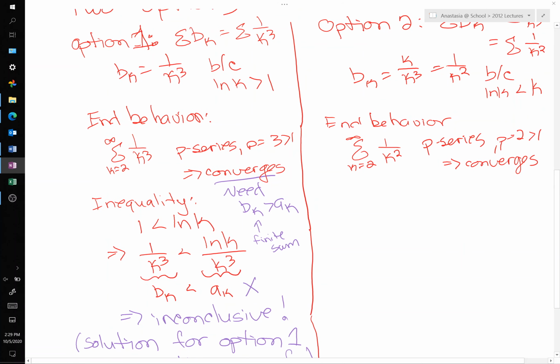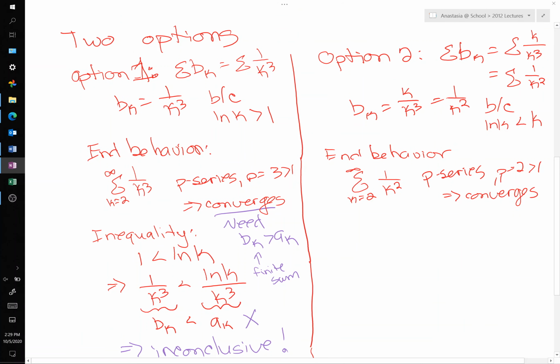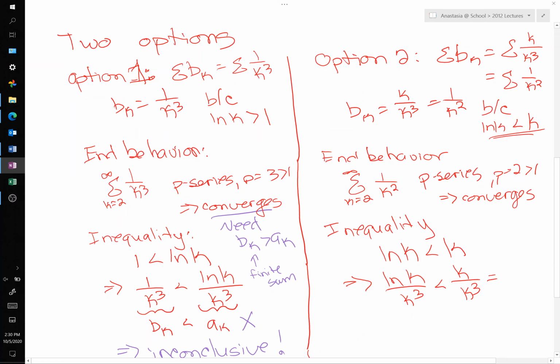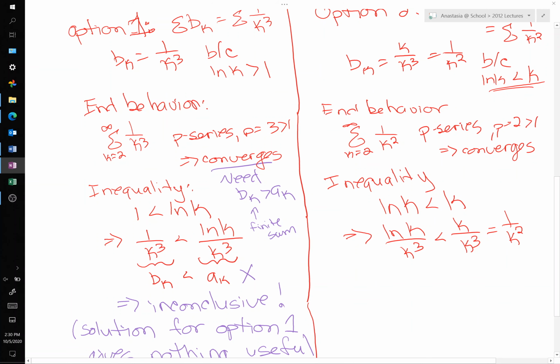So let's see if we can get a conclusive result here with option 2. So we had the end behavior and the inequality. Next, again, we're going to use the inequality to remember. So the natural log of k is less than k. This is going to mean that the natural log of k over k cubed is less than k over k cubed, which was simplified to 1 over k squared.